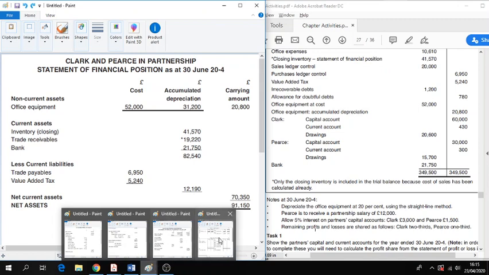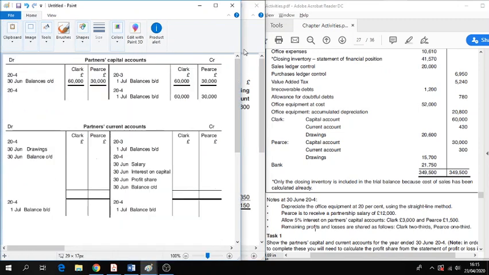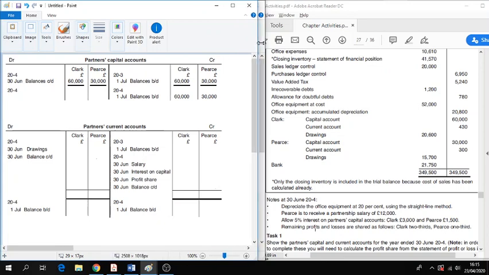Okay, so again, if you want to have a go, feel free to pause the video and have a go at the capital and current. I've got a template there already for me that's done.